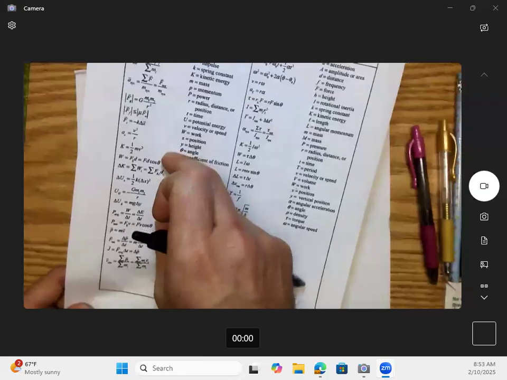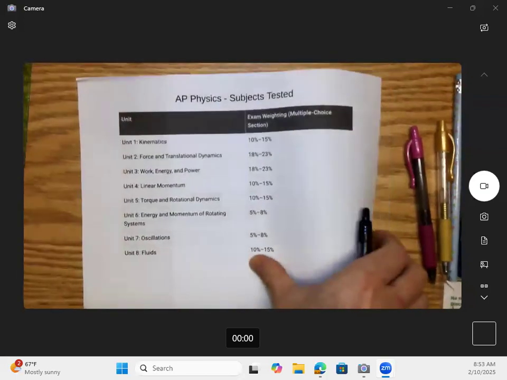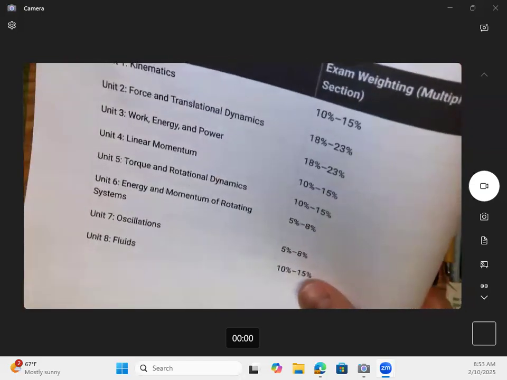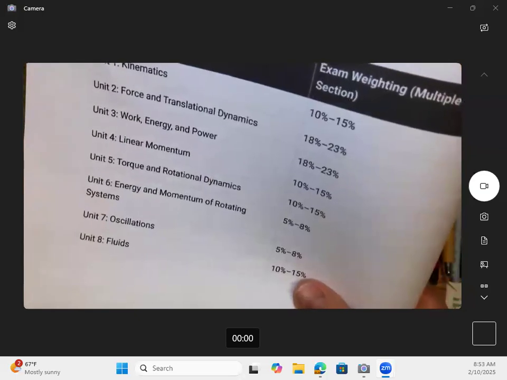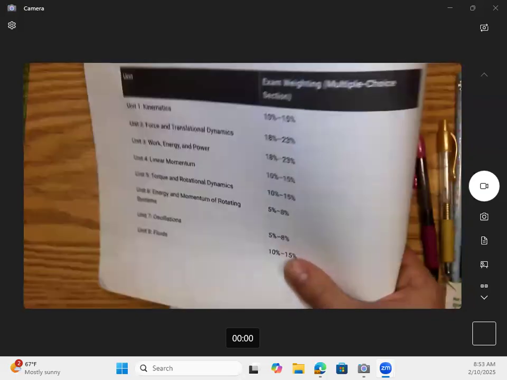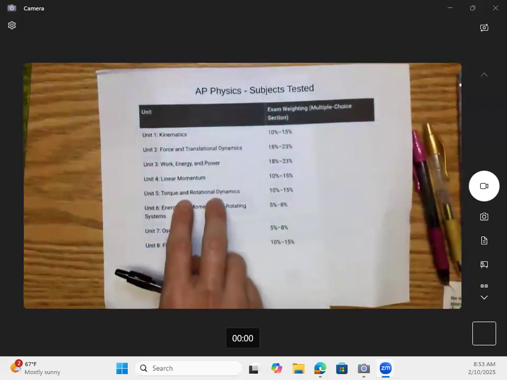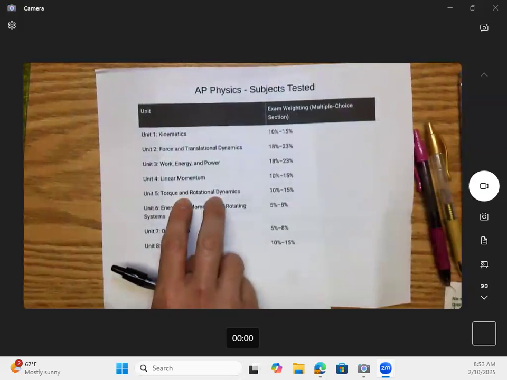Power is work over time. Here, momentum is mass times velocity. What scenario are you looking for that would tip you off that it's probably a momentum type question? If there's a collision happening, if two things are colliding, then it's going to be a momentum question.